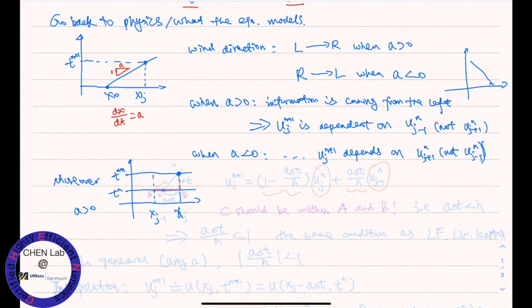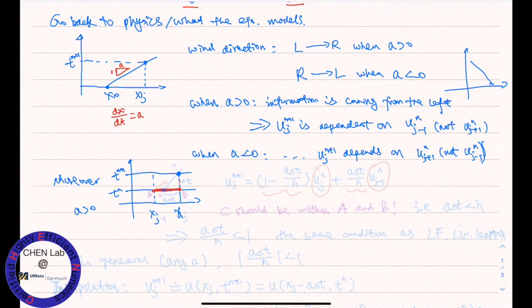We discuss a case where a is larger than 0. What we do is we're going to use a linear combination of these two points. If you think about it, we can rewrite the scheme.